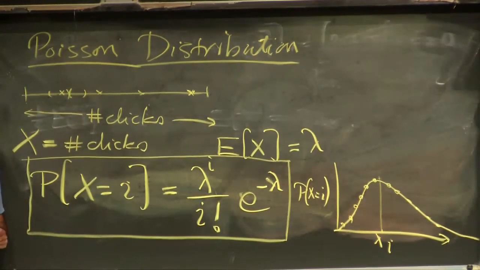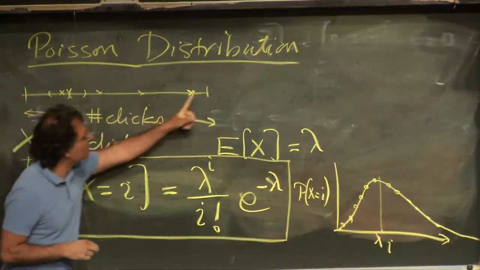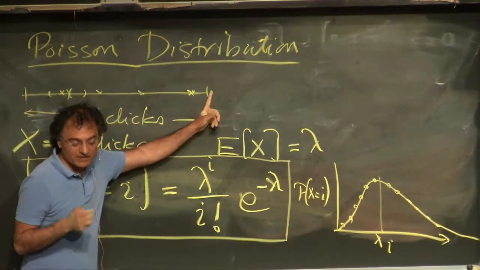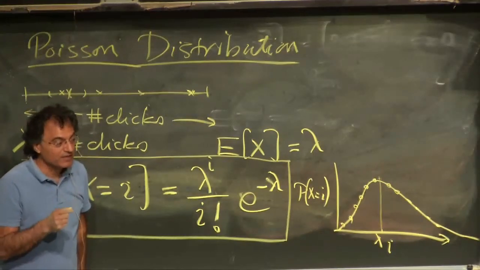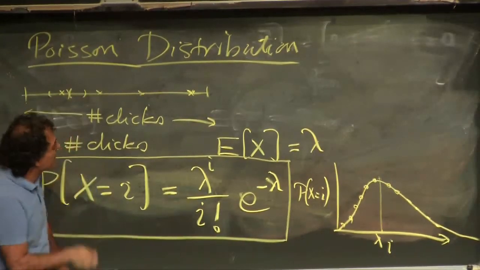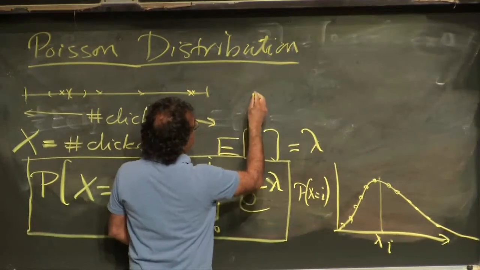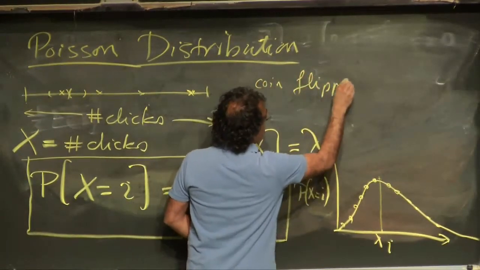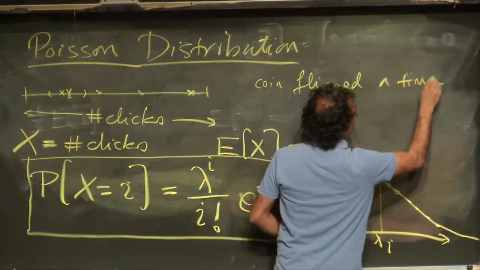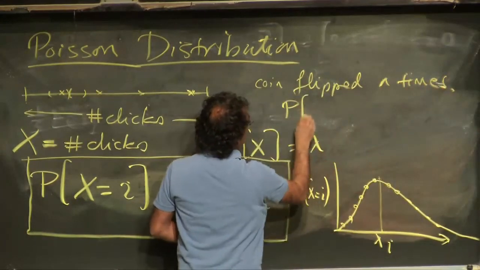Okay? So we think of this interval as being divided into n parts. And the genie is sitting there, very quickly flipping a coin, n times, right? And okay, so there's a coin being flipped n times. What's the probability of heads?